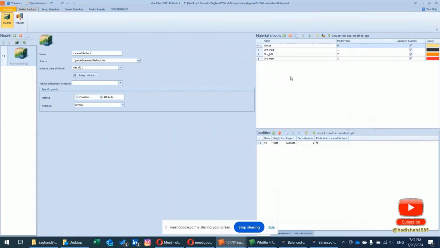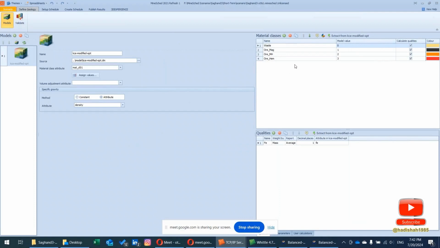Here the material classes are defined based on the qualities and rock type, the geological data that has been supported to us by the resource geologist.